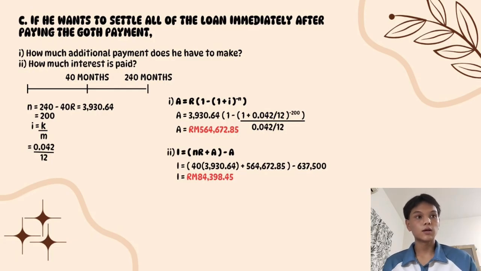So we know that after 40 months payment, the remaining balance can be calculated using the present value of an annuity formula. Plugging in the values, the additional payment required is RM 5,064,672 85 cents.